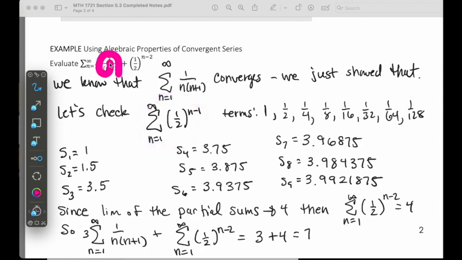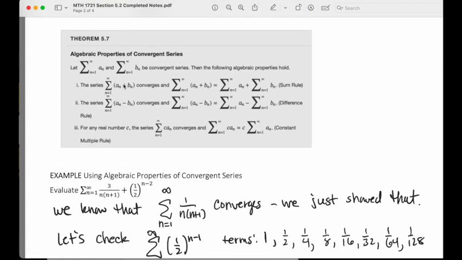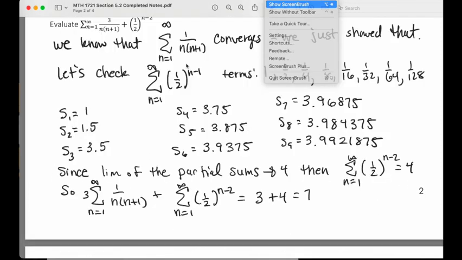So think of this as my a and this is my b. I'm looking to see if they converge, and if they do, then I can add them up separately, like in the property up here. So if I know each of these separately converge, then the series of the sum of those is going to be the sum of the individual series.